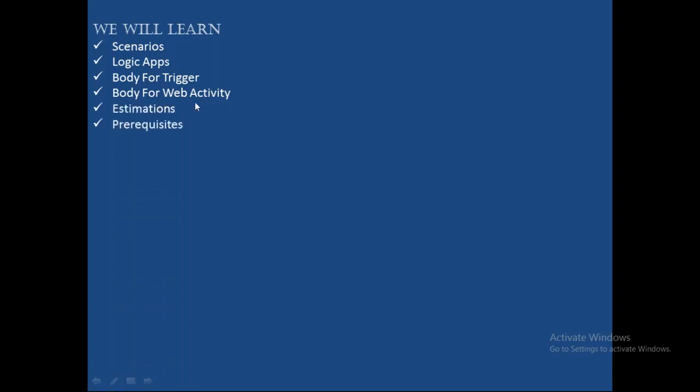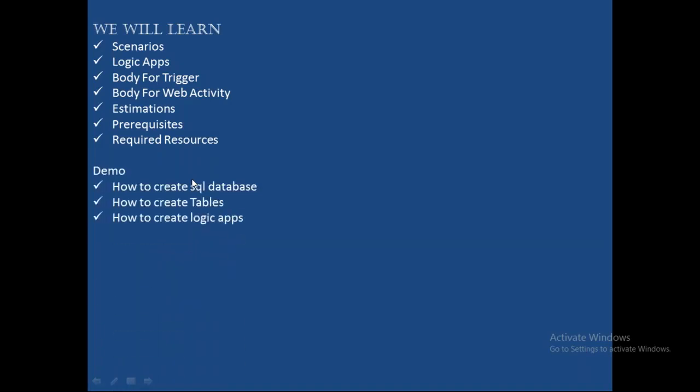Next, estimations, prerequisites and the required resources. All these three, I'm just going to demo. We are going to see how to create a SQL database, how to create tables, and how to create a Logic App, because we need a source table. Basically, we are going to copy data from SQL database to the blob storage. Once the copy activity succeeded, I will send a notification. If the copy activity failed, I want to send a notification.